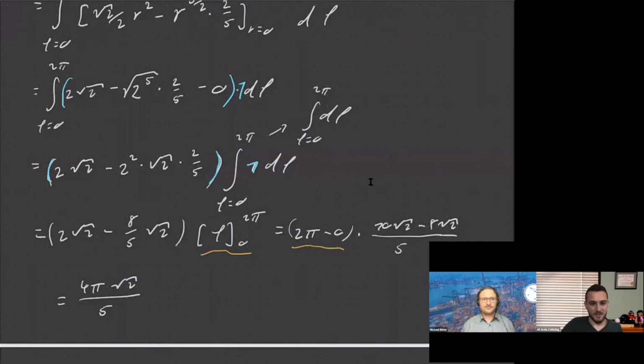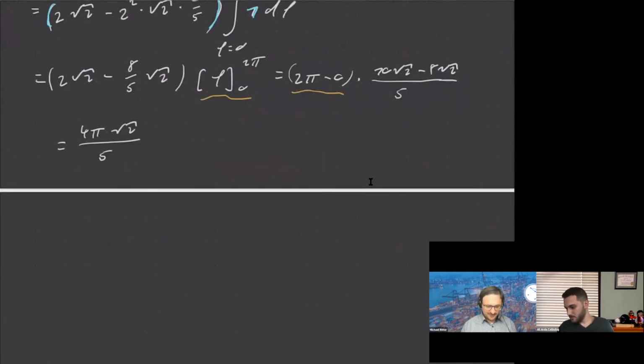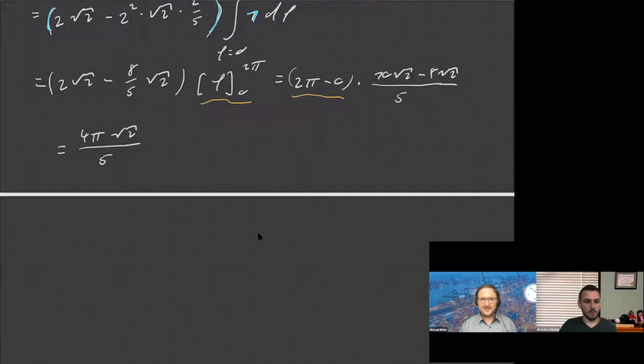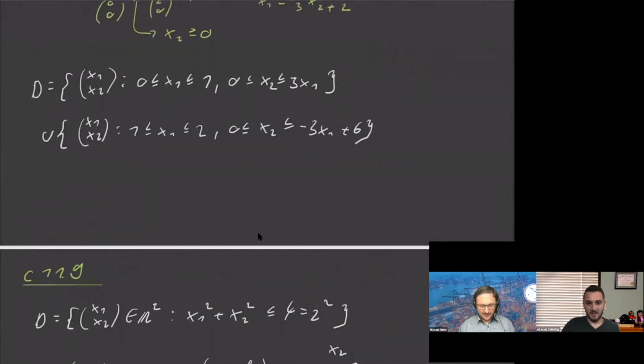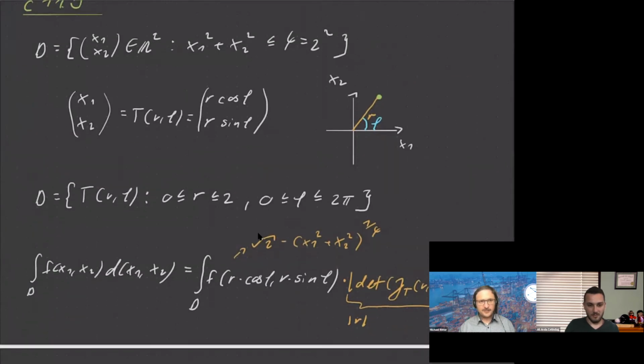Great. So polar coordinates, coordinate transformation, change of variables is clear, hopefully. One question is whether you could clarify how you got the polar coordinates, meaning the description of the set D, I'm guessing.